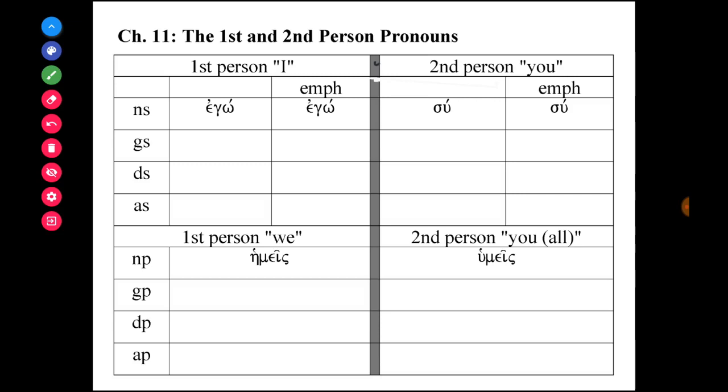And for Greek, we have a separate form for each personal pronoun according to its case. And so pronouns, like nouns, take the place of a noun. And so if we say the cat ran out of the house, we might say in the second sentence, it was upset with the dog. Or we might say that the woman who crossed the street, she was on her way to work.